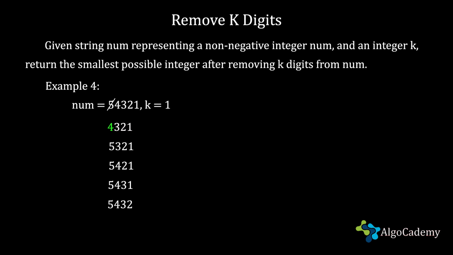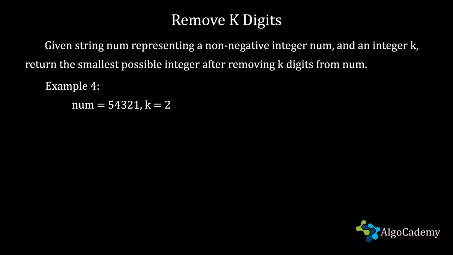But if we keep the 5, we are guaranteed that our number starts with a 5, so it will be 5000 something, which is obviously greater than the first number. This is a great hint that we can possibly be greedy with our solution, meaning that by only looking at the first two digits, we will know what is the best decision to make, even though we haven't gone through the rest of the digits and we don't know their values.